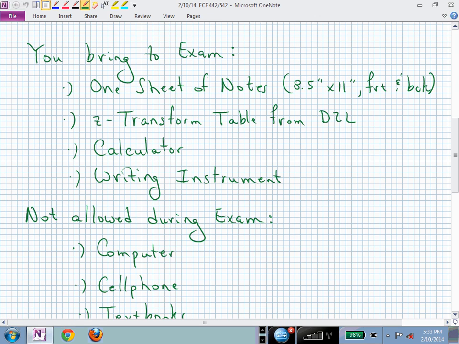You can also bring any calculator except for those that basically, well, they all are computers now, but don't bring a reasonable calculator, an 89, an Inspire, an 84, whatever you feel comfortable with, and something to write with. I don't want to be reading exams in blood. So bring something that you can write with.